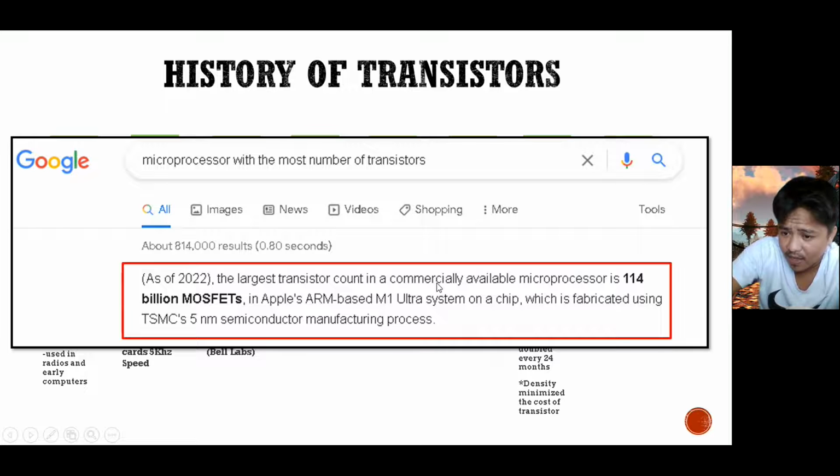This is a chip produced by Apple, and it contains 114 billion MOSFETs, or metal-oxide-semiconductor field effect transistors, fabricated using TSMC's 5 nanometer semiconductor manufacturing process. So this is truly a small part with billions of transistors inside. Imagine the advancement in technology of these companies and people.